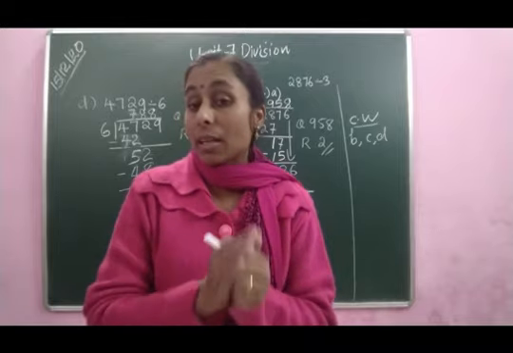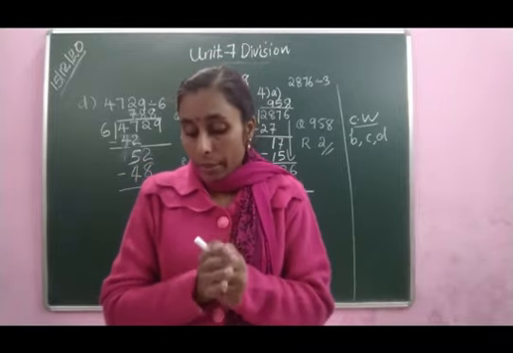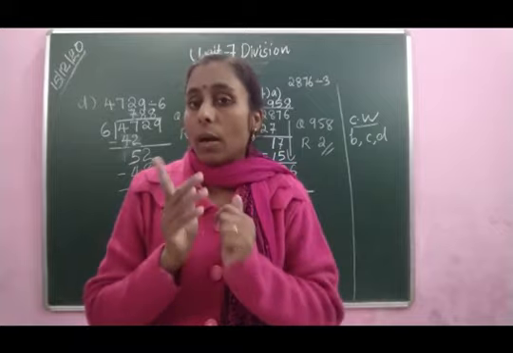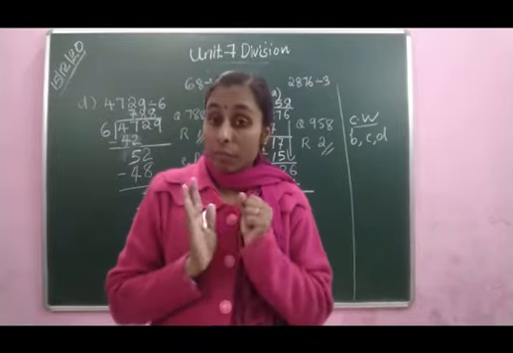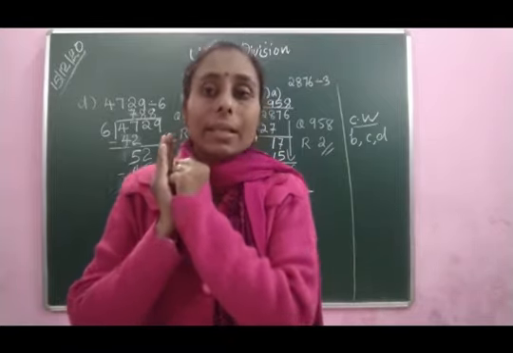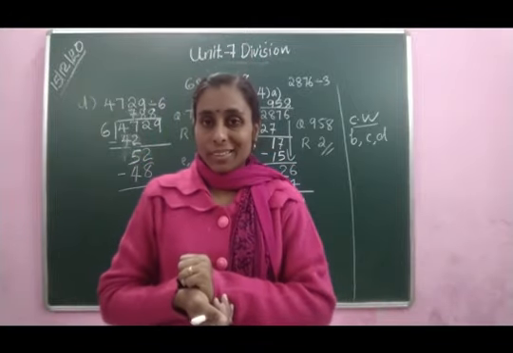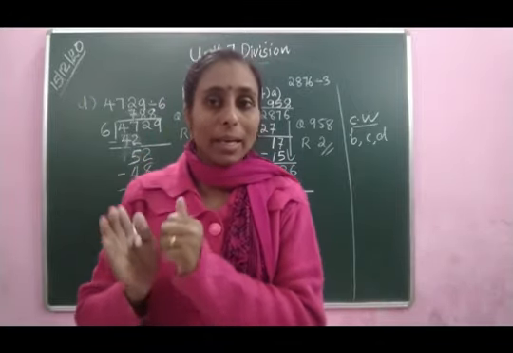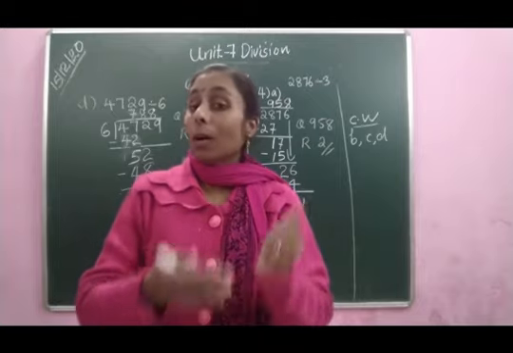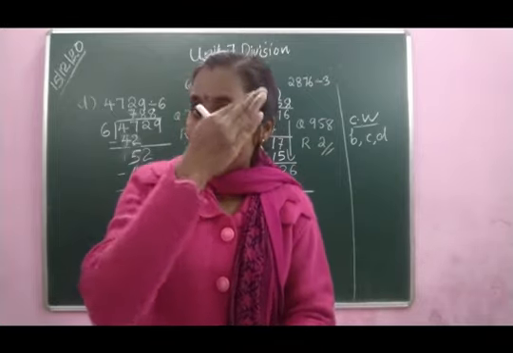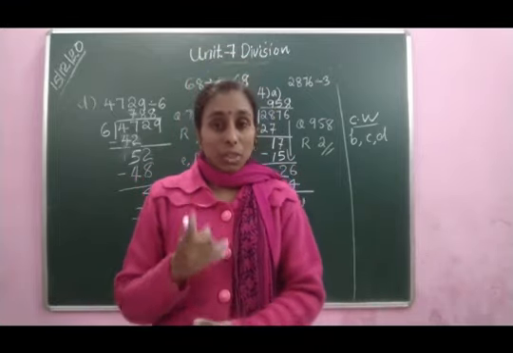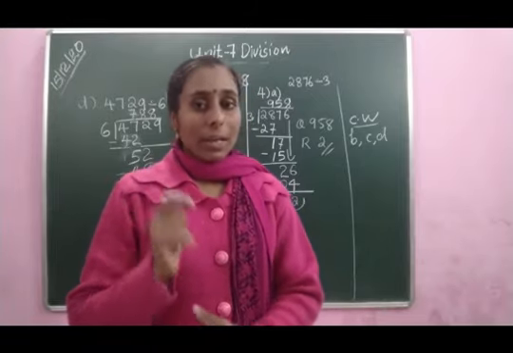Next one: when the divisor and dividend are the same non-zero number, except 0, then the quotient is 1. Or when we divide a number by itself, the quotient will be 1.